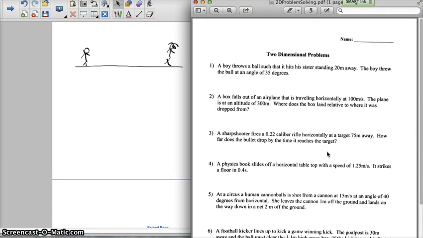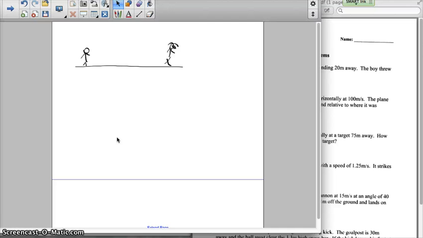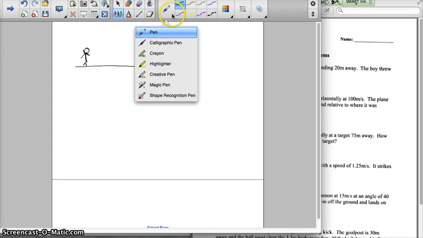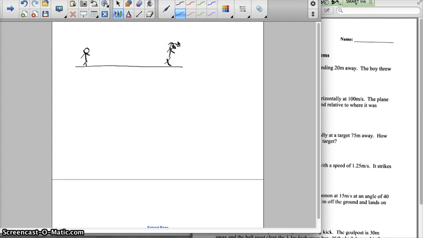Boy throws the ball so it hits his sister standing 20 meters away. The boy threw the ball at an angle of 35 degrees. Okay. So I'm going to ignore any height. I'm going to say that the ball hits the girl at the same height this boy threw it, because I don't have any information about that anyway. So I would say that the ball goes something like this.